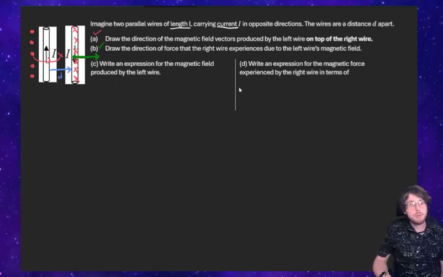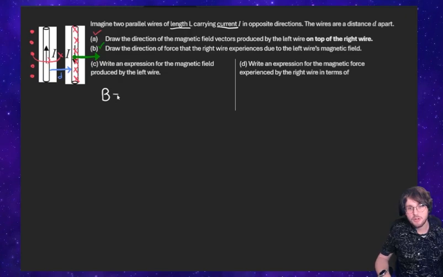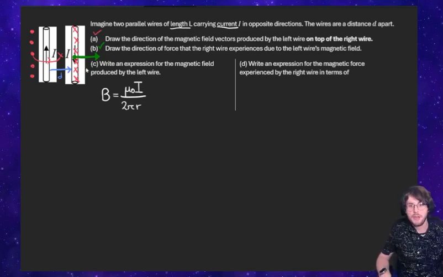Now, the remaining two parts here have to do with calculating that force if we would need to. The first thing is to write an expression for the magnetic field produced by the left wire. All that really is calling upon the equation we talked about earlier. The magnetic field produced by a long straight wire in general is mu naught, the permeability of free space, times I, divided by 2 times pi times the distance away from the wire.